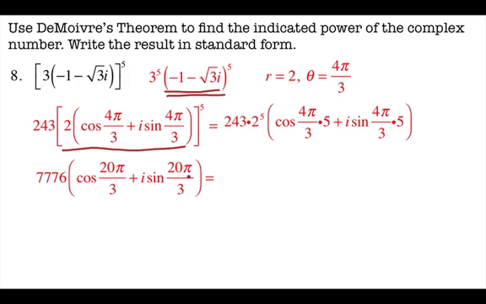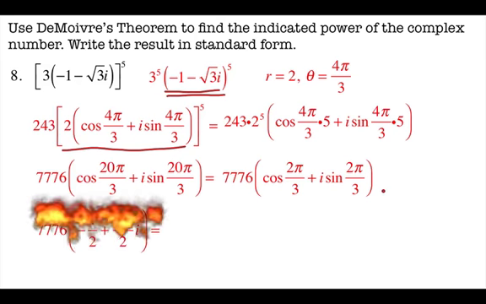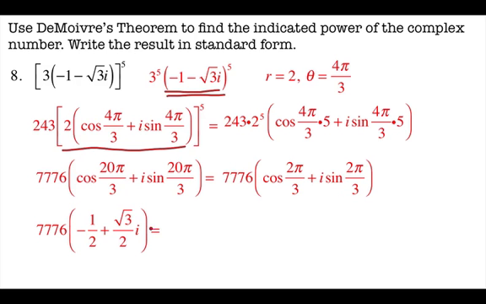I'm going to again use reference angle. 20 pi over 3 is the same thing as 2 pi over 3. And then at this point, I simplify this using trig ratios. Get the following. I'm going to distribute this constant. And this is my answer. This concludes the video.